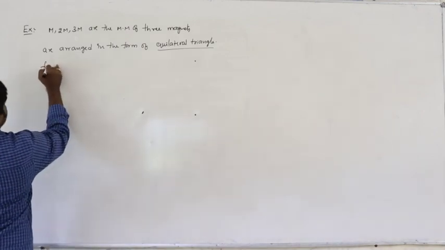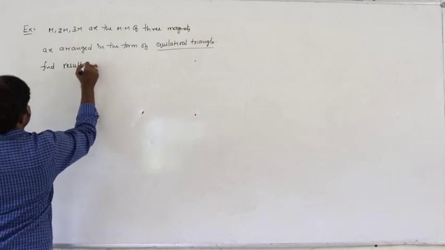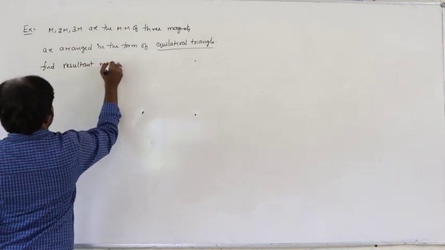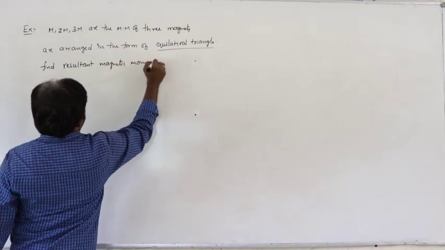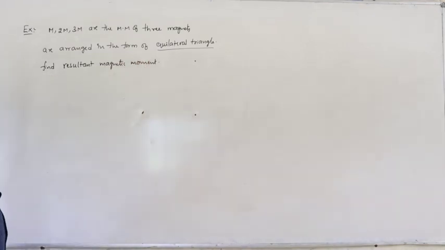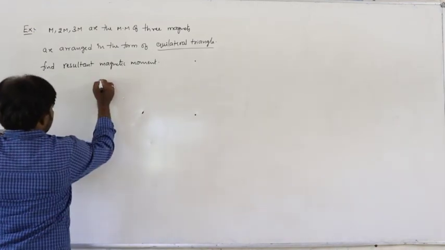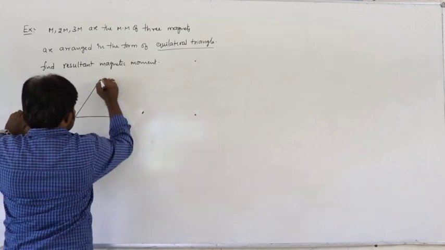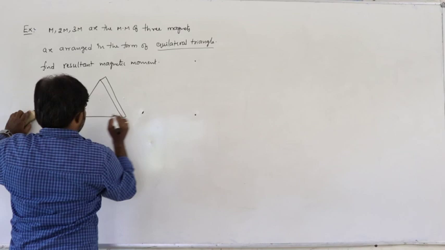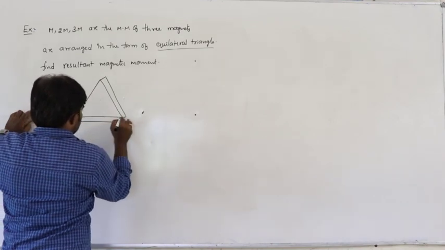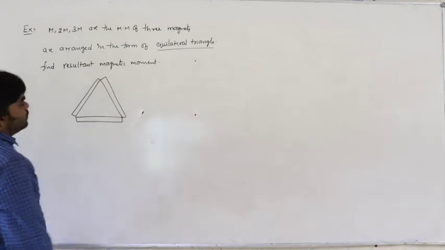Find the resultant magnetic moment. So in this situation, see the condition. Three magnets are arranged in the form of an equilateral triangle, like this.